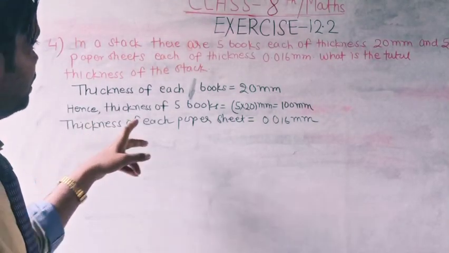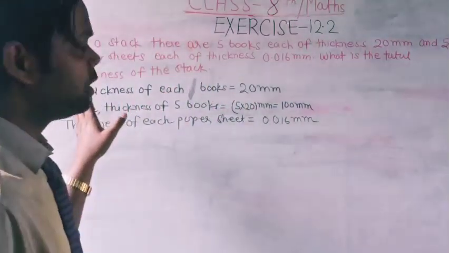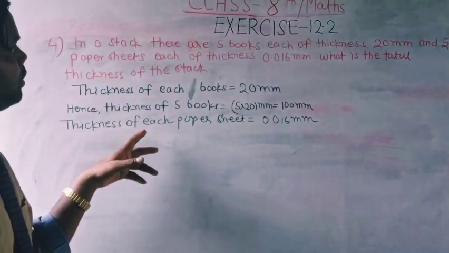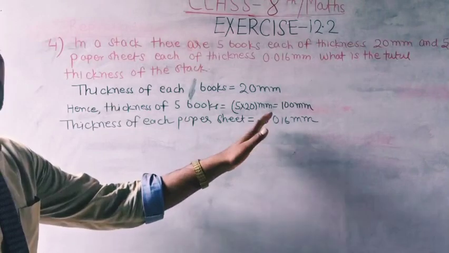Hence, to find the thickness of 5 paper sheets, we need to multiply 5 into 0.016 mm.